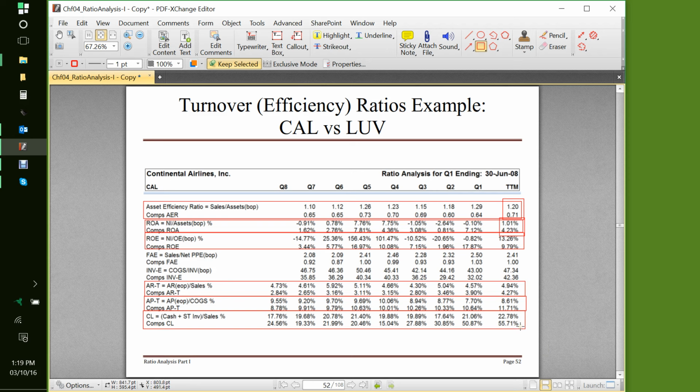But Southwest has a 56% cash level ratio. That's very, very high, and as we're going to see when we go forward with this analysis, overall Southwest is in very, very healthy shape. So I would have to say that Continental is managing their cash best because they have a prudent level, but they don't have too much.